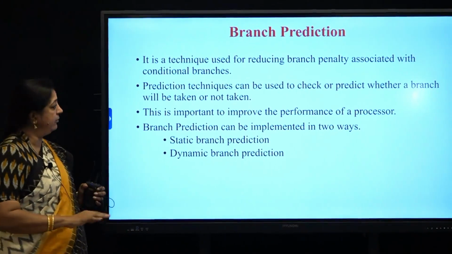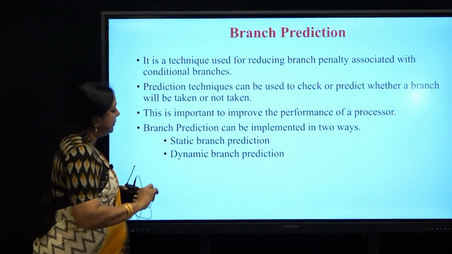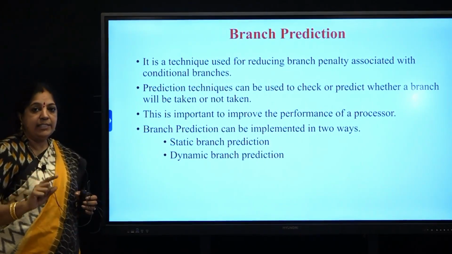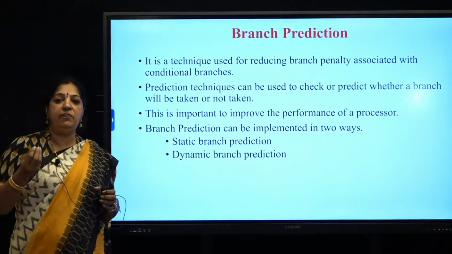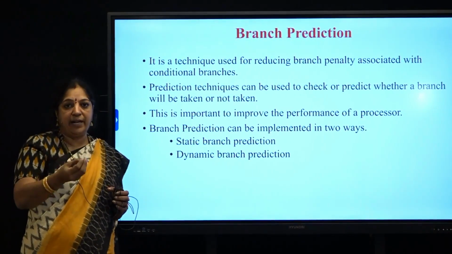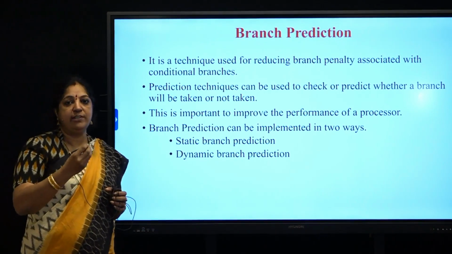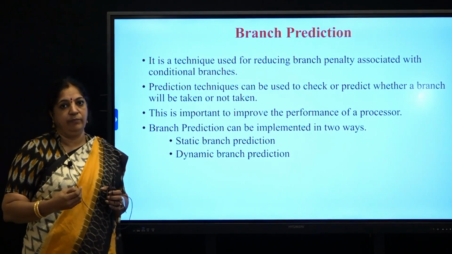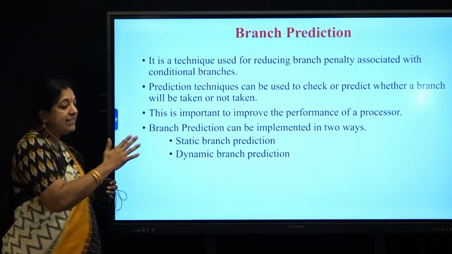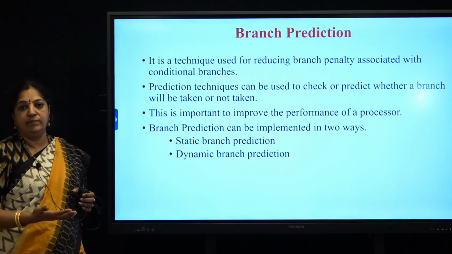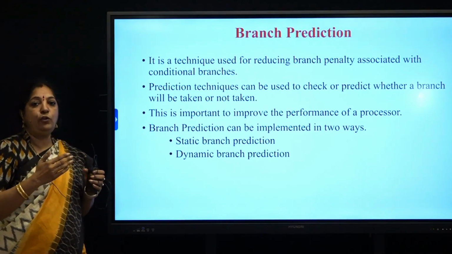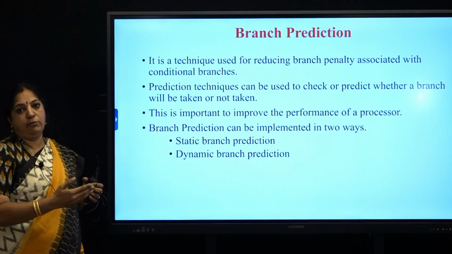Branch prediction is nothing but predicting at the start that there is a branch statement within the instructions which are to be executed. Based on that we take some decisions which can be the solution for the control conflict.